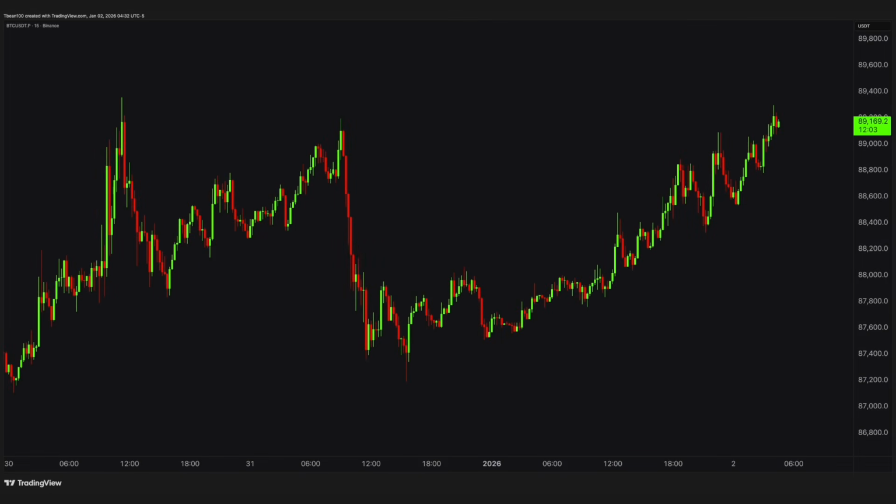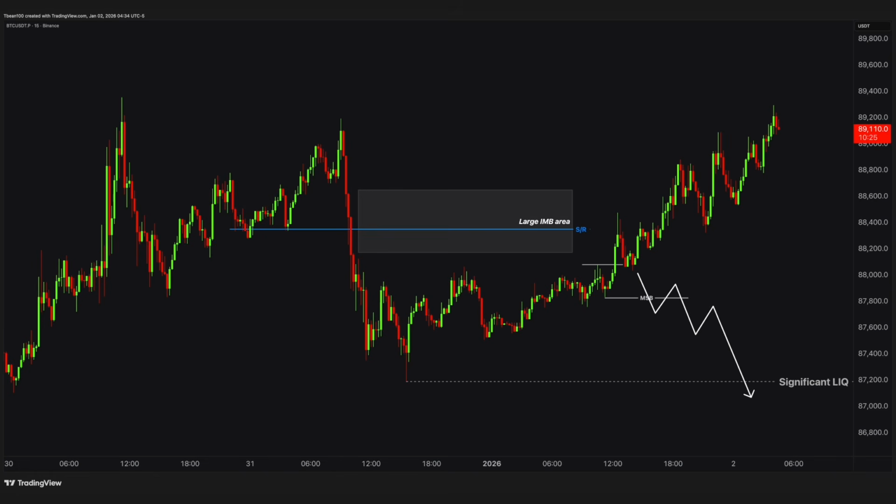In Bitcoin, we had a really good example of this recently. There was a significant multi-imbalance area with a clear SR flip location. Logically, I was thinking, can we move lower from here and push towards this significant liquidity point?